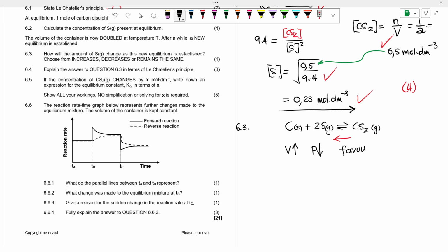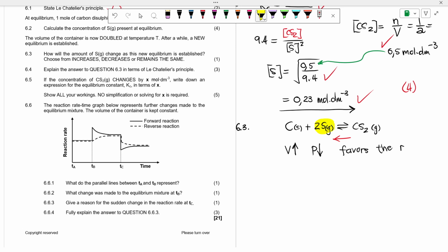Do you agree? The reactant will be favored because it has the greatest number of moles. So if we increase the volume, we are favoring the reverse, and that means we are favoring sulfur because sulfur is in the reverse.